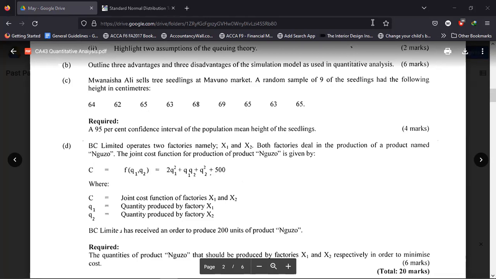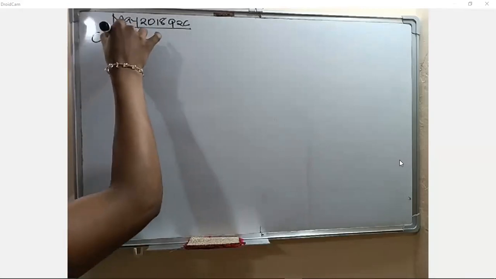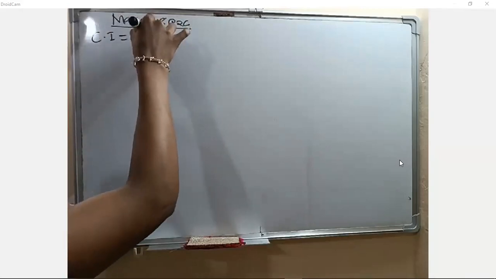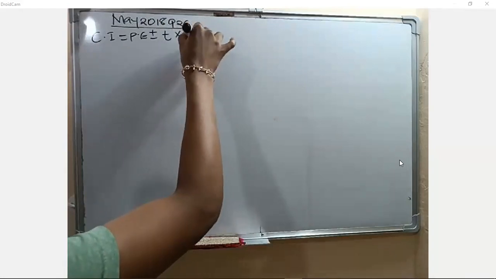This is what you do. The examiner has not provided the standard deviation, which is not a problem, because for the confidence interval we normally take the point estimate plus or minus t, since the sample size is less than 30, then multiply by the standard deviation over the root of n.